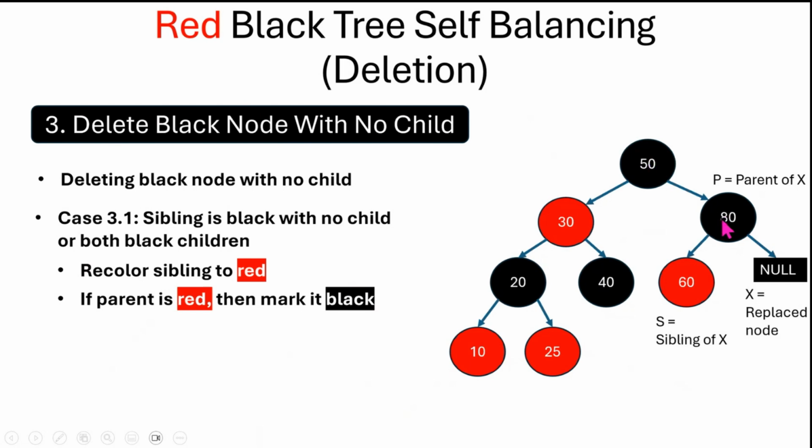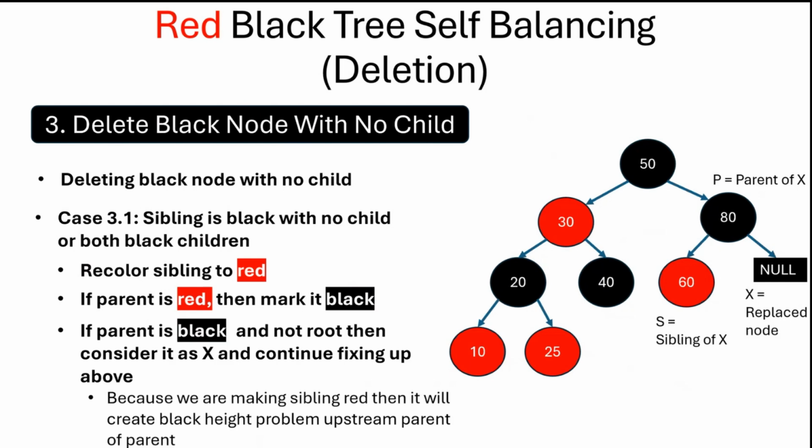That's why we change the parent to black if it is red, to balance that height problem, and it also solves the red violation. But if the parent is already black, there won't be a red violation, but because we are making the sibling red, it creates a black height problem upstream. So here we fix the black height, but it creates a black height problem at 50.